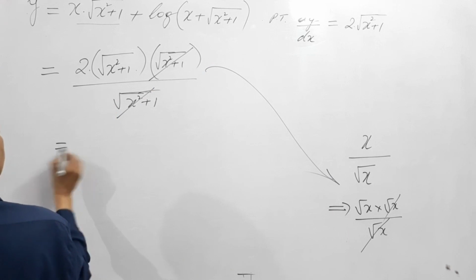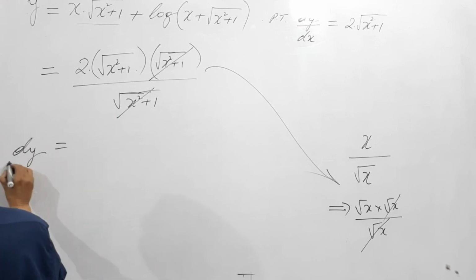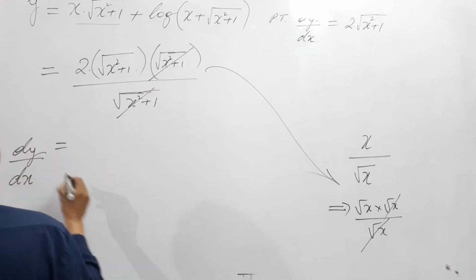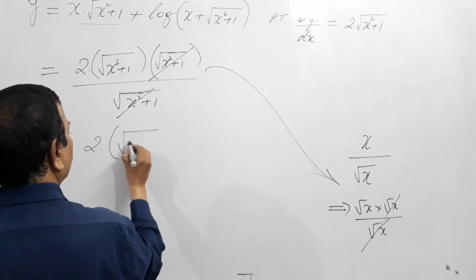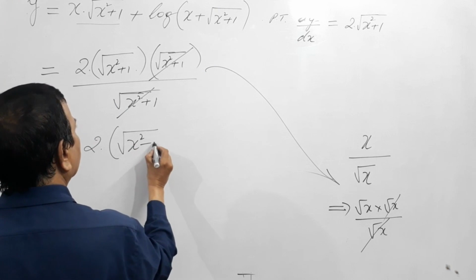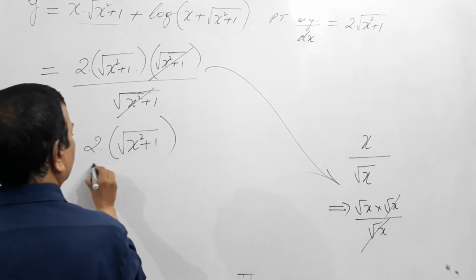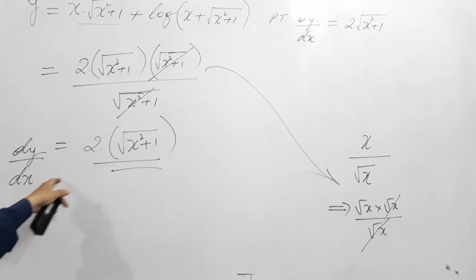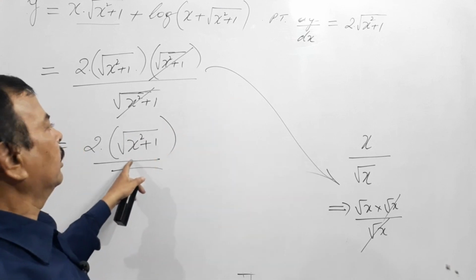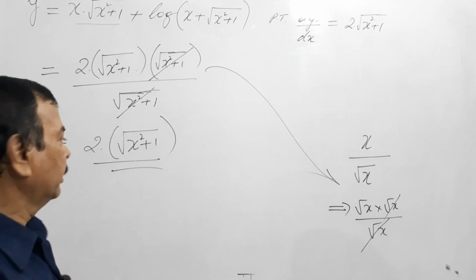So left hand side we have dy by dx equals to what? 2 into under the root x square minus x square plus 1. What do you want? Prove that dy by dx is 2 into under the root x square plus 1, hence proved.